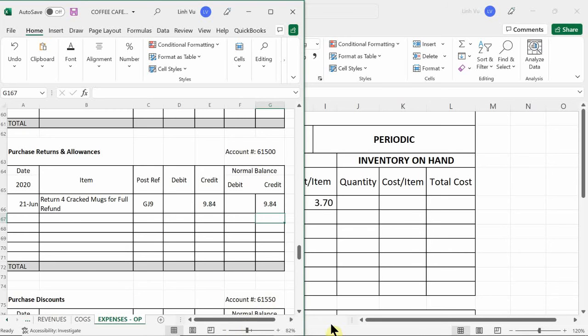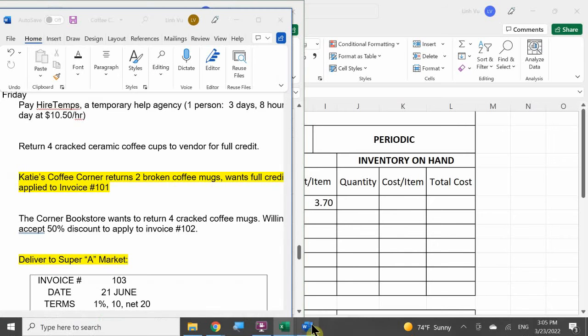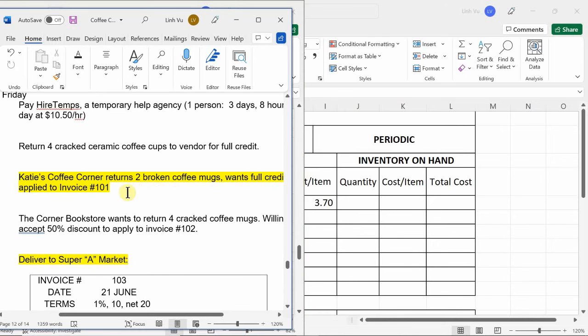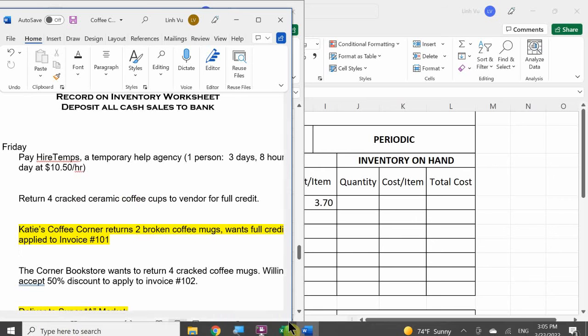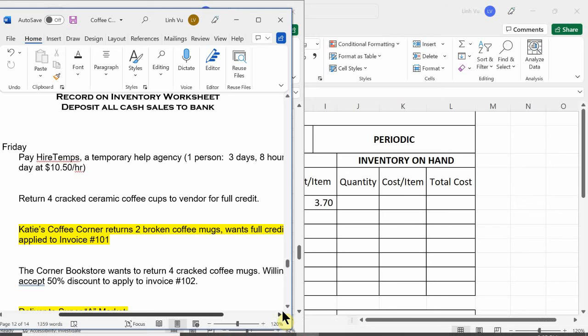Okay. All right. So now that we have this, we already adjusted our inventory accordingly. Now let's see what happens in the very next scenario. In this case, Katie's Coffee Corner decides to call us up and say, hey, there's 2 broken coffee mugs that I found in my shipment order, and I want a full refund.